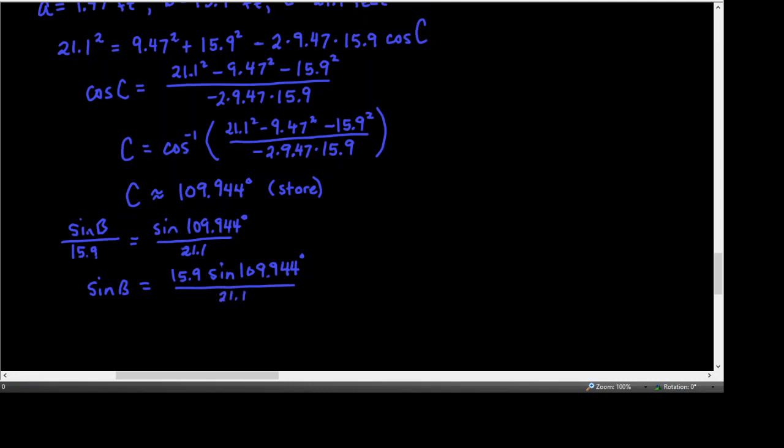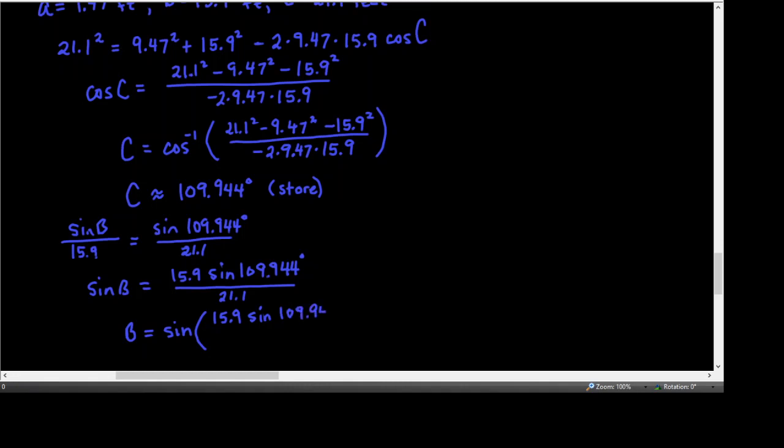And then find B using sine inverse. The good news is that the largest angle, C, was found, so it's impossible for any of the smaller angles to be obtuse. So using the law of sines to find those, which are definitely acute, because obviously if C is obtuse, the others have to be acute, is perfectly valid.